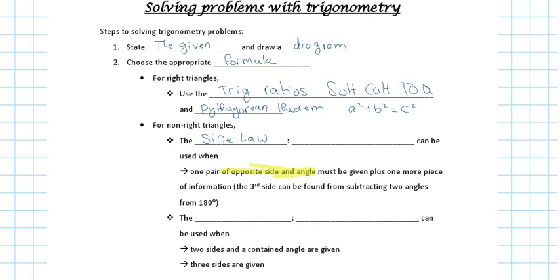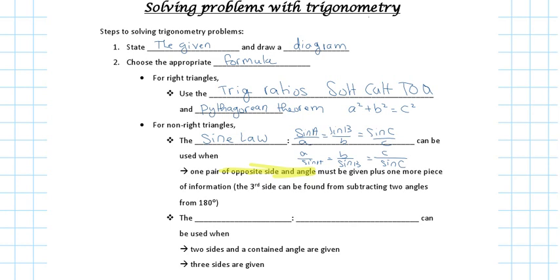And the sine law would be either sine A over a equals sine B over b equals sine C over c, or I can use the other formula, which is a over sine A equals b over sine B equals c over sine C. So I can choose whichever formula I need.